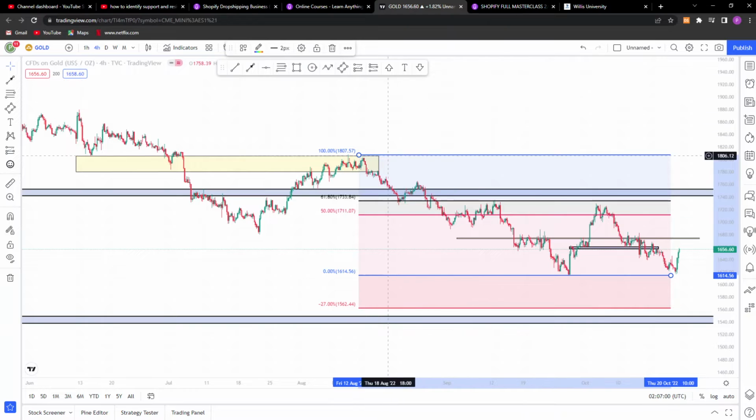Okay, now because we're going to be using this 100% from the very top here and using this 0% from the lowest point of this guy. So when I say swing high to swing low, what you're doing is this. Let me delete.